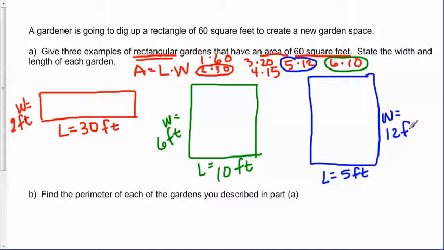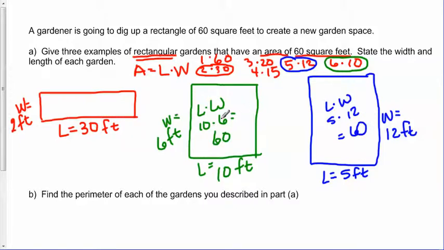Okay? And each one of these, notice that when we look at the area, length times width is 5 times 12, which equals 60. This green one over here, length times width is 10 times 6, which also gives us 60. And I just realized on this last one over here, the blue one, I wrote down 6 instead of 60. So let's fill that in.